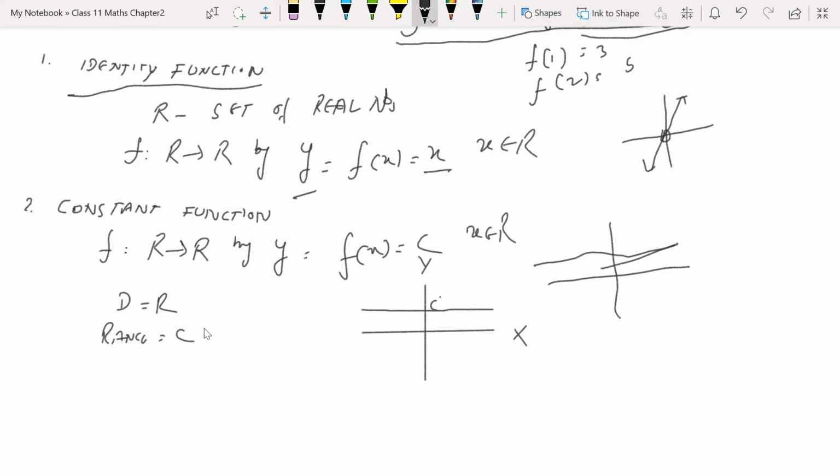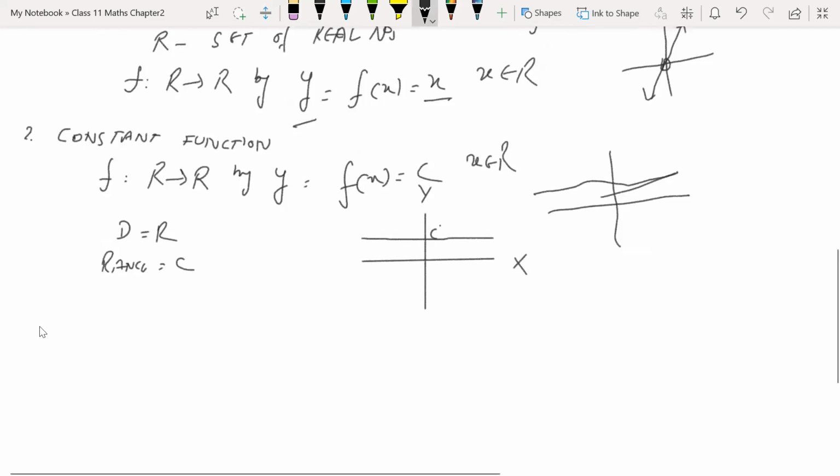Now one more function is the polynomial function. As you have studied polynomials in your previous classes, class 8, class 9, class 10, polynomial function.